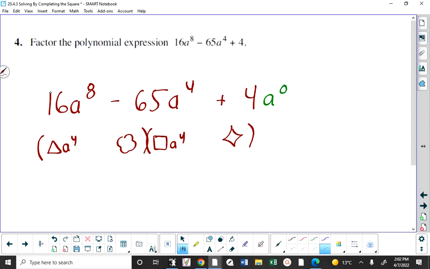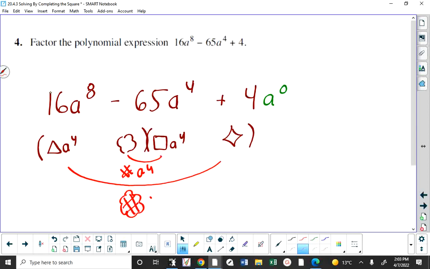My point is, if you FOILed this out, the product of these is going to give you a number of a to the 8s, which is what we want. The product of these is going to give you a number, which is what we want. We want the number to be 4. The product of these and the product of these are going to give you numbers of a to the 4s. Running out of symbols to use here.